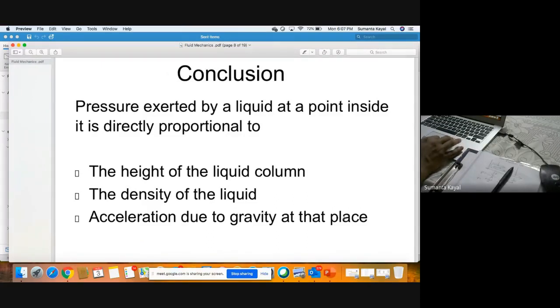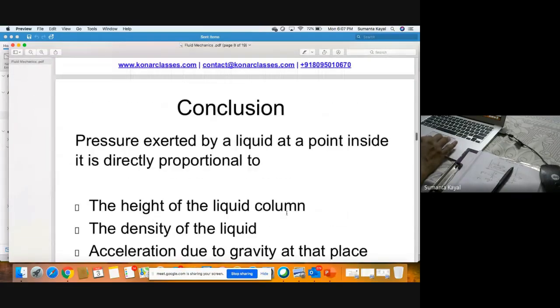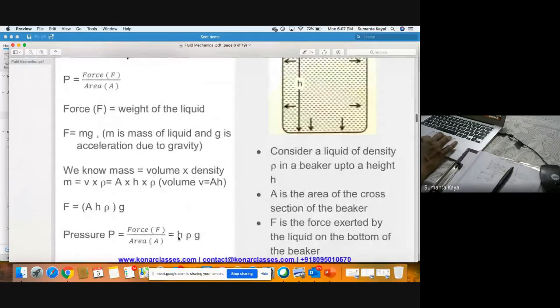If I take that liquid at different places, the gravity differs. Or if I take the liquid on the moon, the moon's gravity is 1/6 of the earth's, so that will be less. But my area is nowhere coming into play. It is h, rho, and the gravitational acceleration.